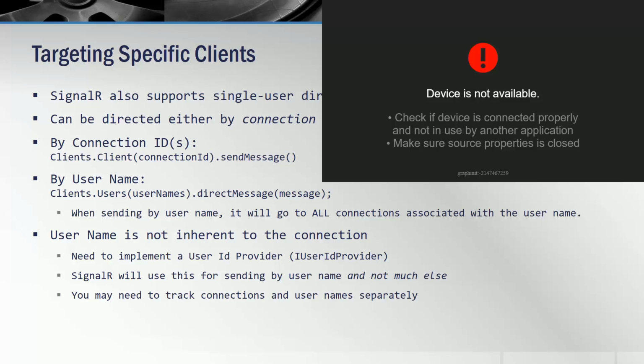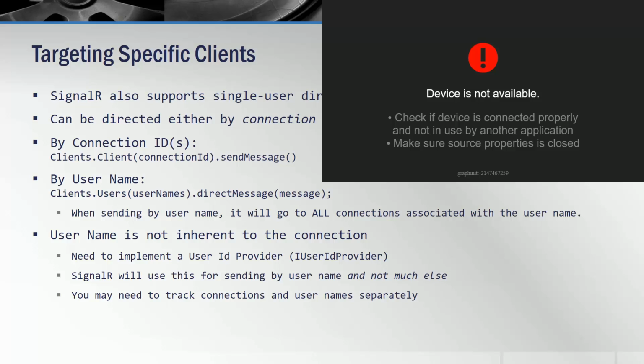To send by connection, you say client.client connection ID, send message. To send by user, client.users, pass in the usernames, send the message. Now, when sending by username, it goes to all connections associated with that particular username. An individual username may have any number of connections associated with it.